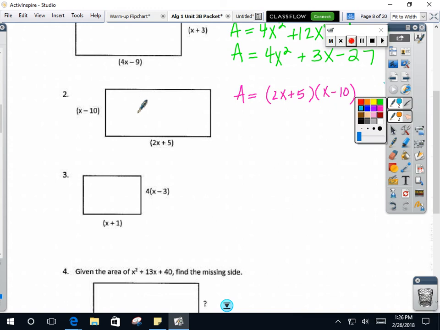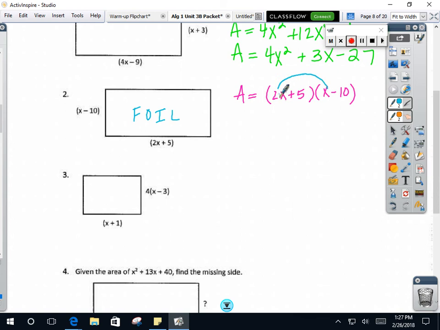How many of you have heard the word FOIL before? Y'all FOIL? Yeah, okay, well, that's what double distribution is. This is F for first, O for outside, I for inside, or some teachers call them outer, inner, and then L for last. Think about it. When I double distribute, I start with this 2x, and I first distribute it to the x.